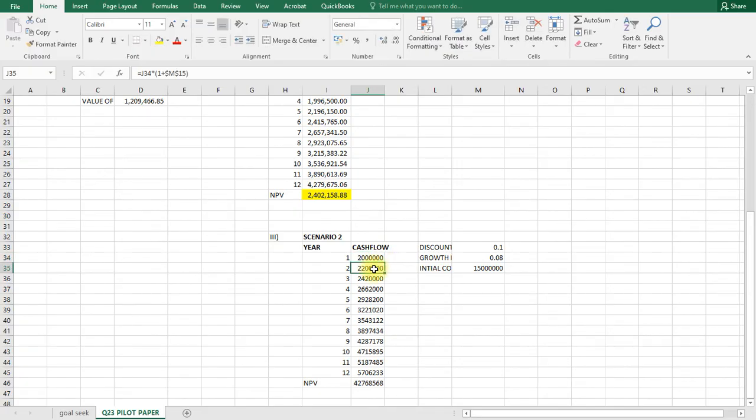So when you come to the second one, now we are growing with this part, the part for the growth. Our growth rate is this, and we lock that using F4, and the figure that is growing is J34. That one is okay.